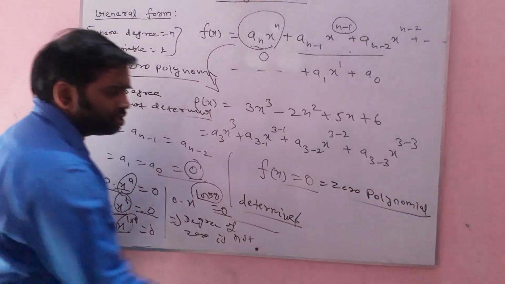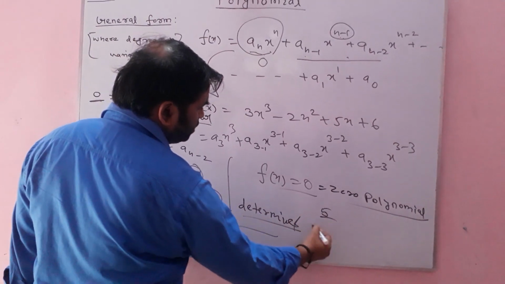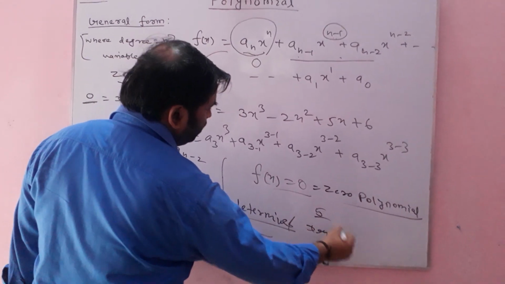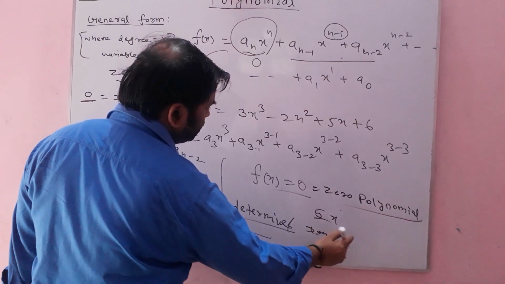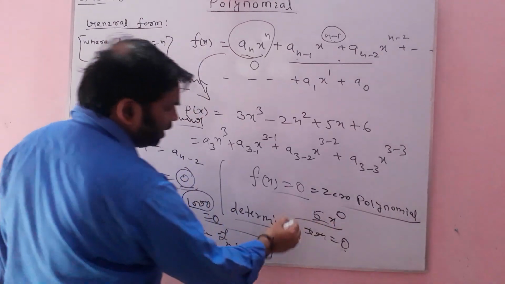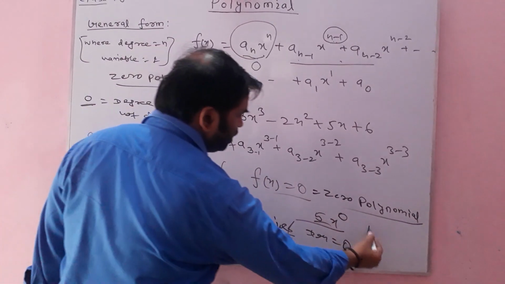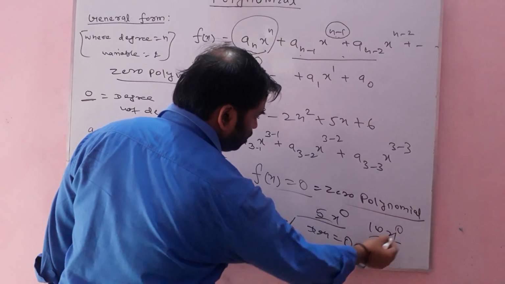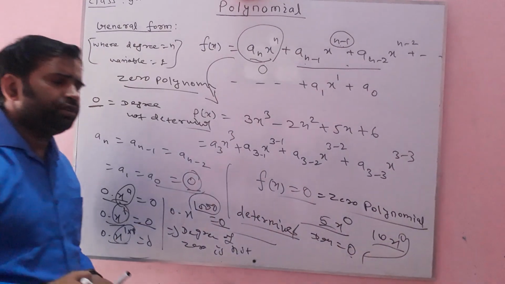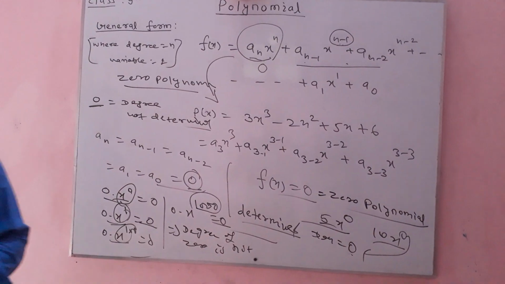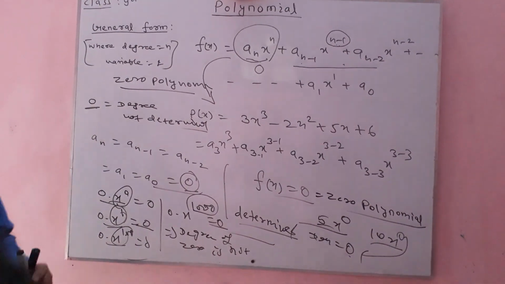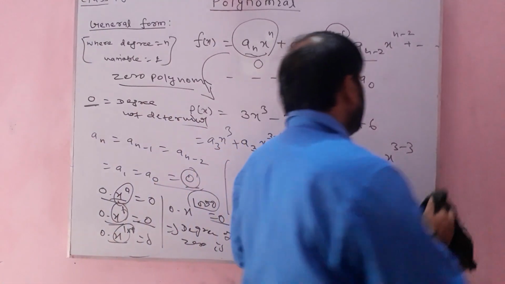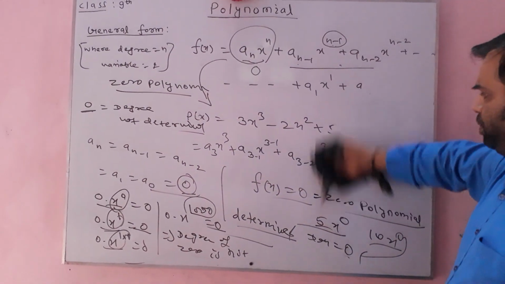And what about the constant polynomial? The degree is always 0, because we can write 5 as 5x^0, 10 as 10x^0. So the degree is 0. One question arises: what is the difference between constant polynomials and the zero polynomial?